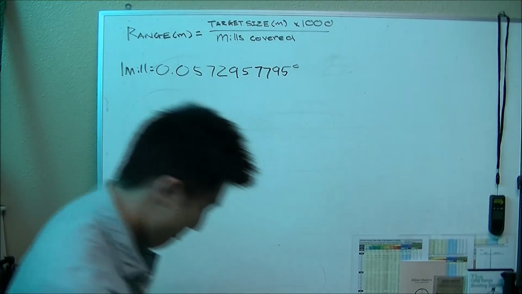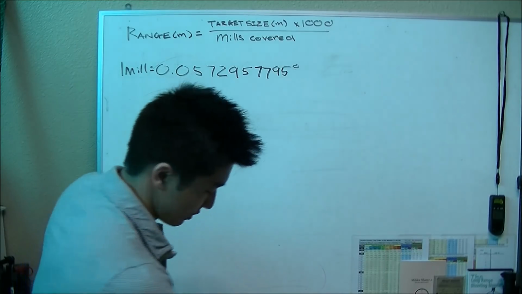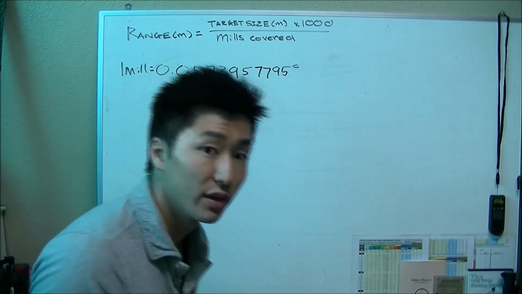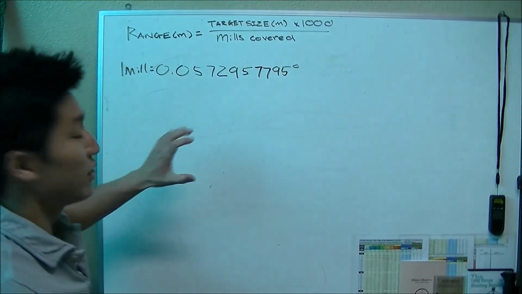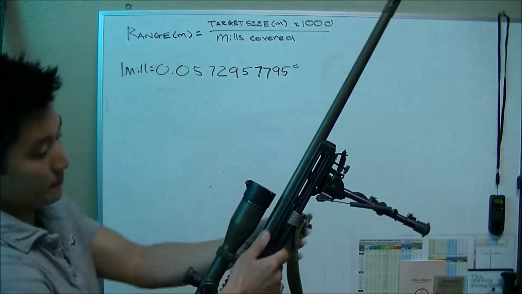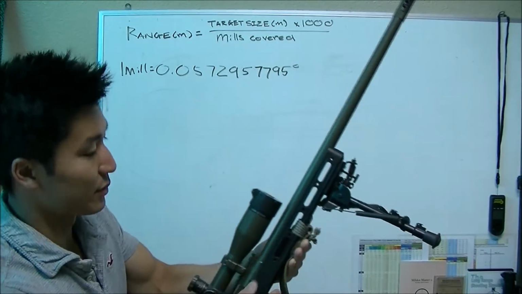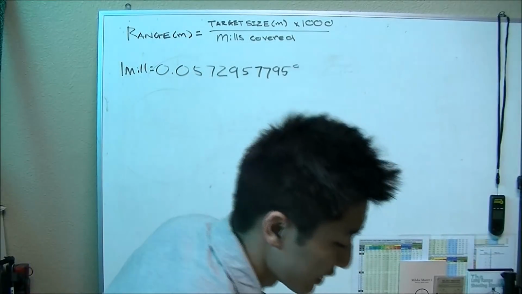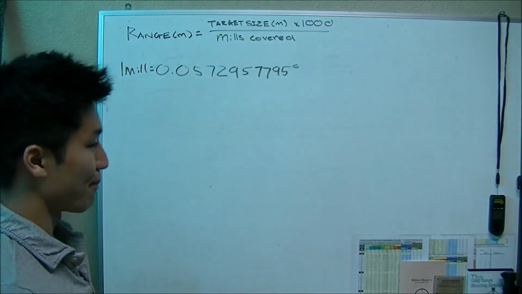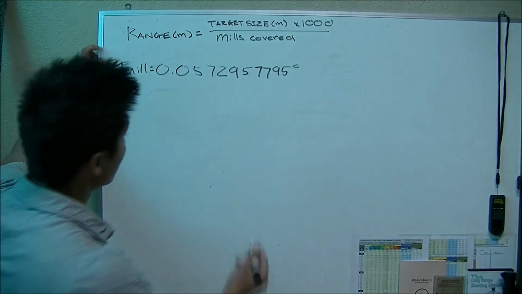So now a mil, I'm sure a lot of you guys already know, when you look through a rifle scope, such as this one here, it's actually a quad mil reticle by SWFA, but a lot of conventional scopes, like what does the USMC use? They use a straight 10 power scope.